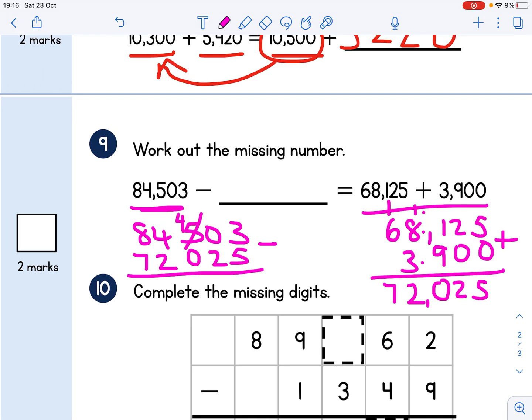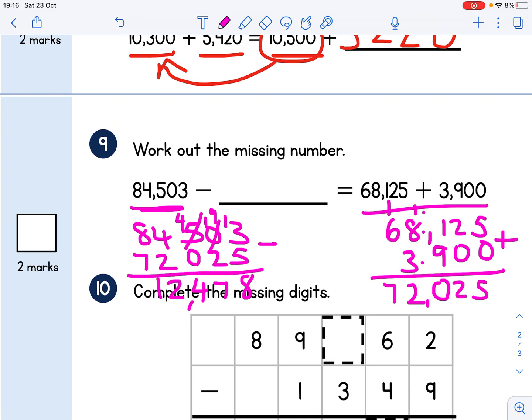That becomes 4. I'm going to give it to my neighbour, so it becomes 10. That now becomes 9, and then I can put the 1 there, so it becomes 13. 13 take away 5 is 8. 9 take away 2 is 7. 4 take away 0 is 4. 4 take away 2 is 2.